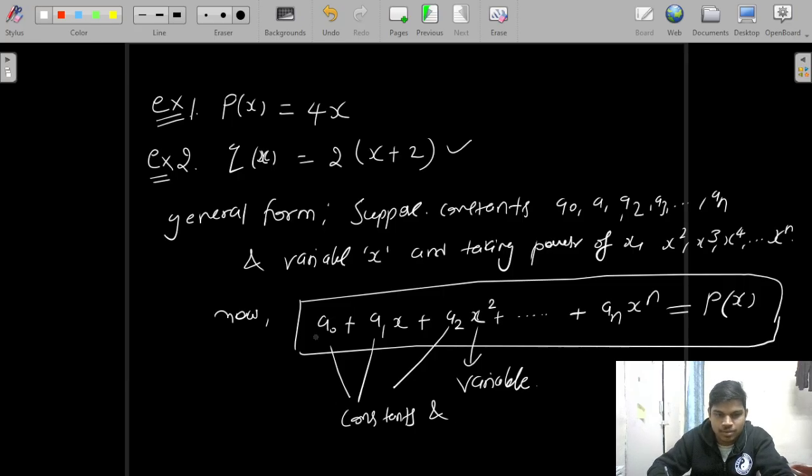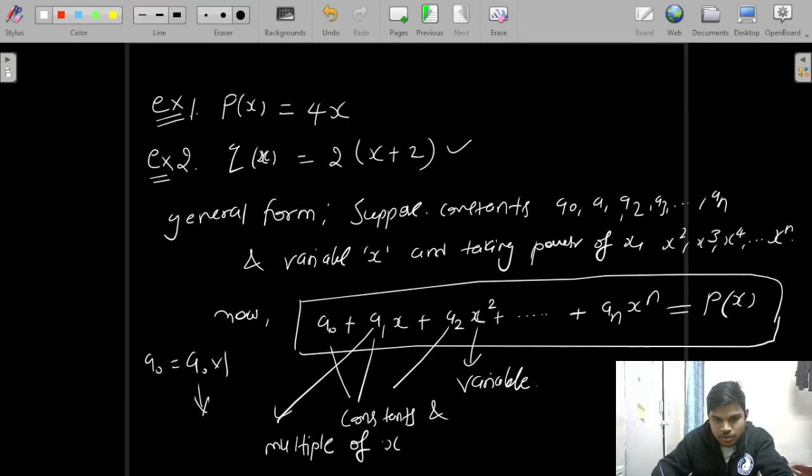Suppose I am taking the coefficient a0. Who is a0 a multiple of? Ultimately, a0 is a0 into 1, so it is the multiple of 1. a1 is a multiple of x, so it is the coefficient of the variable x.